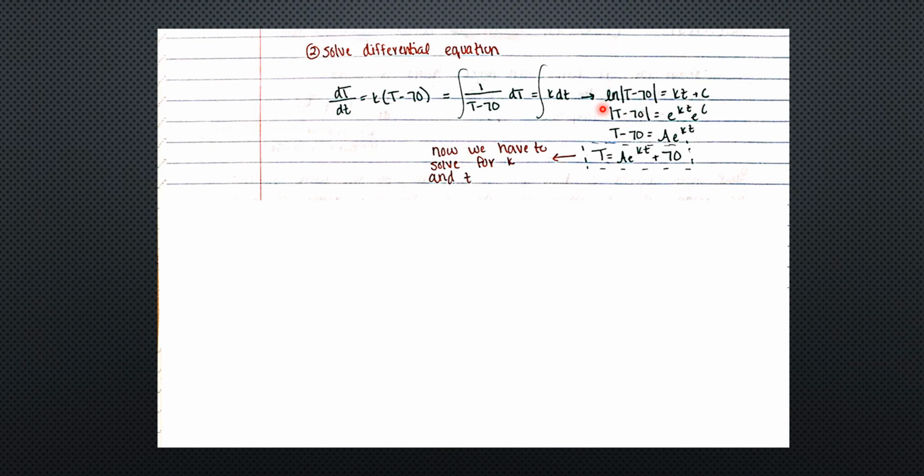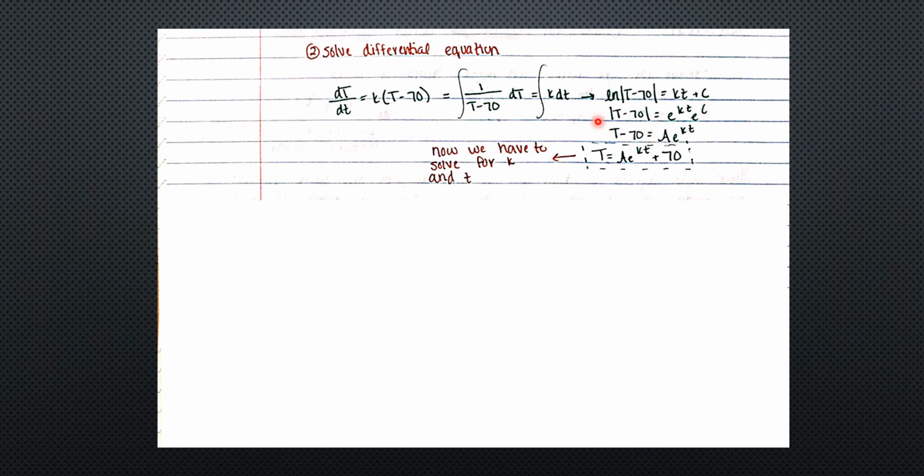We need to exponentiate both sides to get rid of the natural log, and we get the absolute value of T minus 70 equals e to the k times little t power times e to the C power. Because we know that when two numbers are multiplied, their exponents add together.